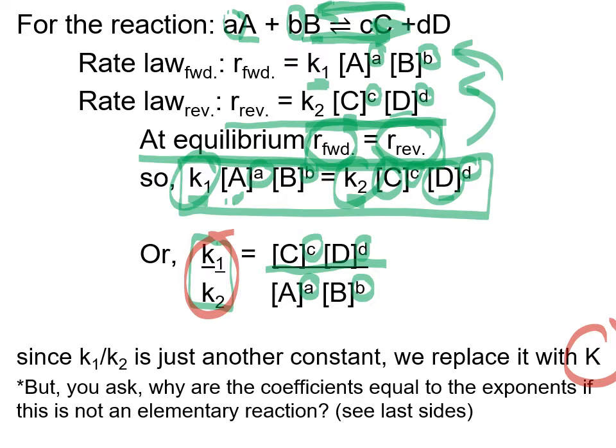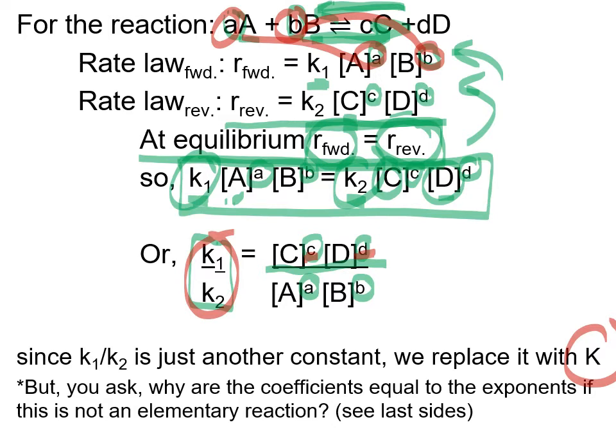So, quick note, we said when we talk about the rate law expression, the coefficients in the reaction are not necessarily the exponents in the rate law, and that is true. However, for reasons that we're not going to get into the details of, when we're at equilibrium, that will always hold true.